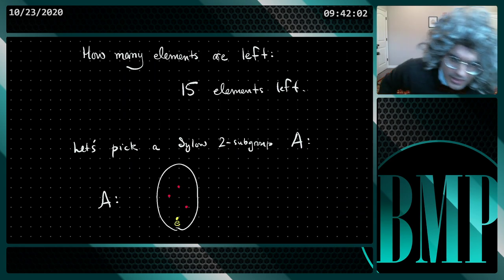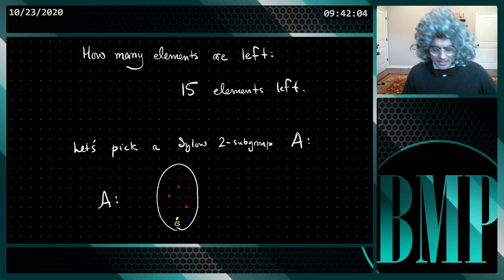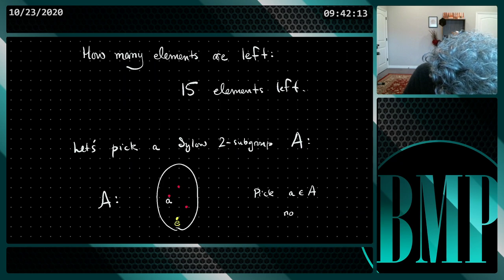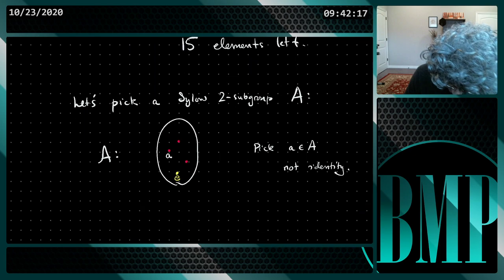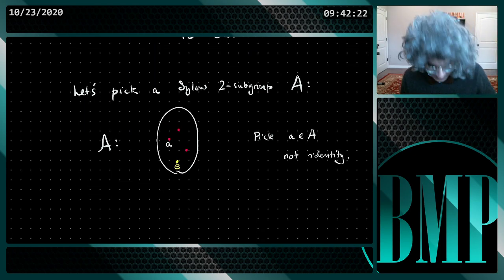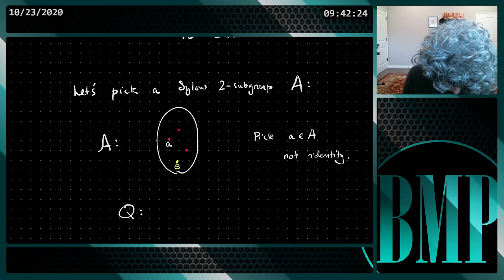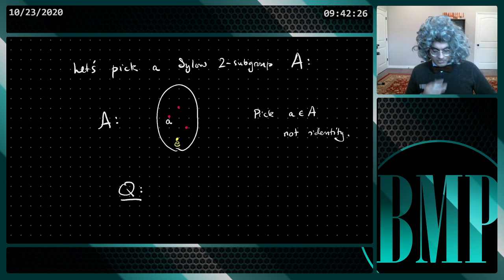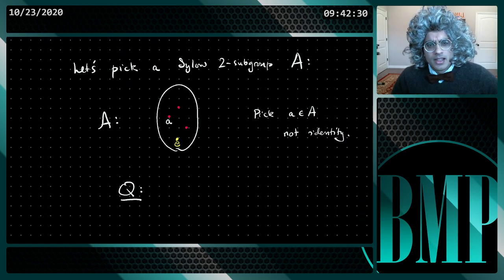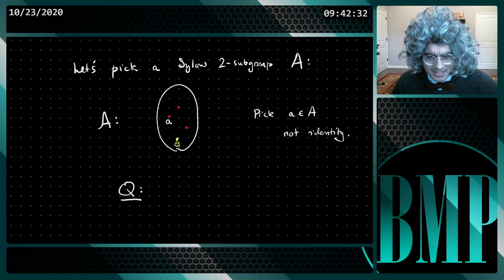So what I'm going to do is try to gain clarity on that. Let's think about this. Let's pick an element, little a. Okay, let's go slowly.